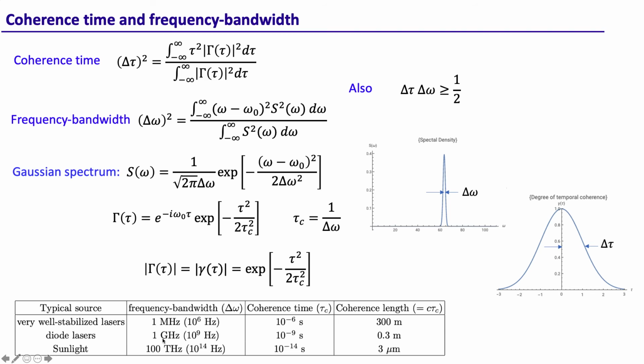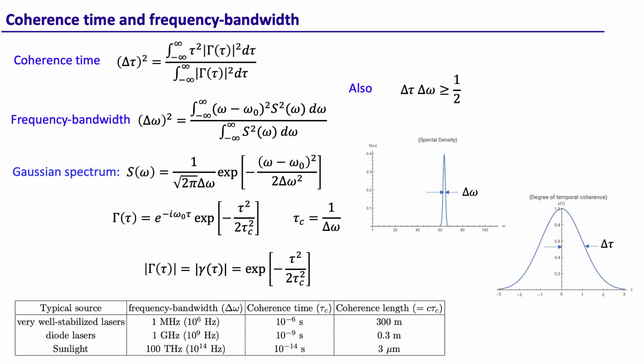Now in diode lasers, the frequency bandwidth is about, let's say, 1 gigahertz, and then the coherence time is in nanoseconds, and there we find that the coherence length is of the order of 0.3 meters. For sunlight, the frequency bandwidth can go up to 100 terahertz, 10 to the 14 hertz, and the coherence time is 10 to the minus 14 second, and the coherence length is of the order of 3 micron.